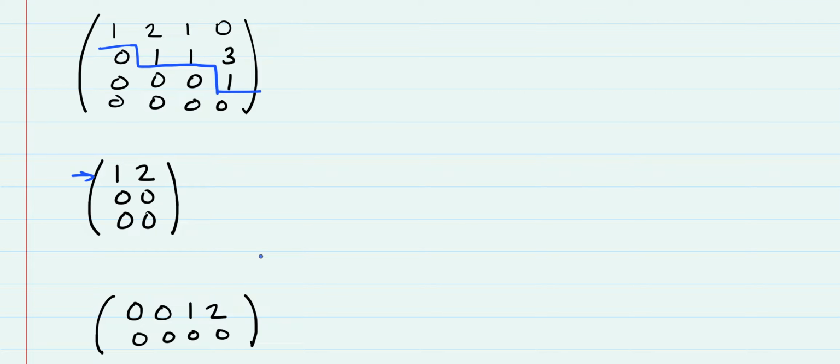How about this one? This is a 2x4 matrix. This is also in row echelon form. It has a zero row, it's at the bottom of the matrix. And you can see that for this row, the first non-zero number is a 1, which is exactly what we need for row echelon form.